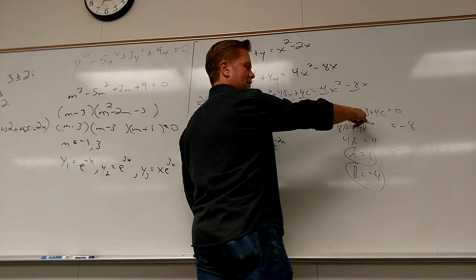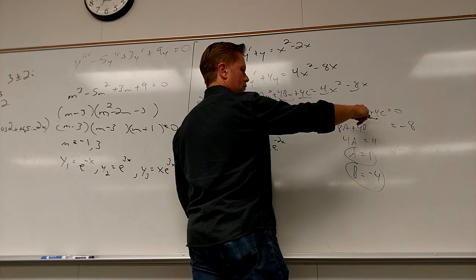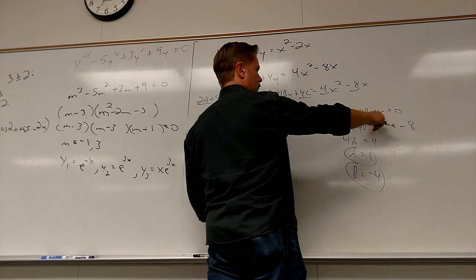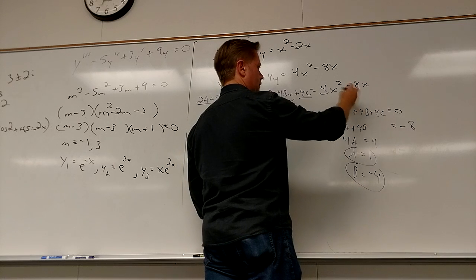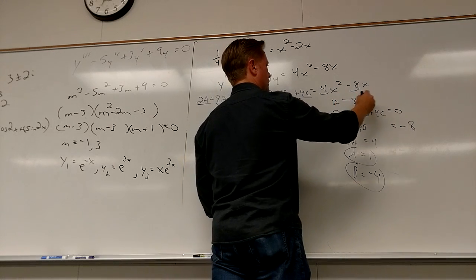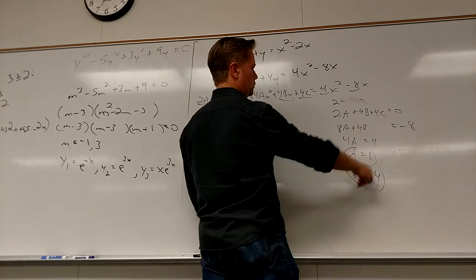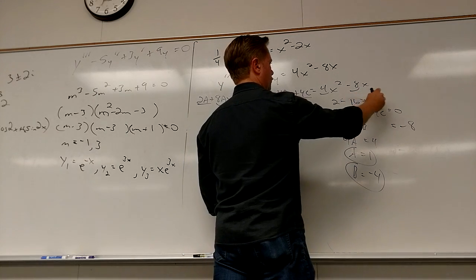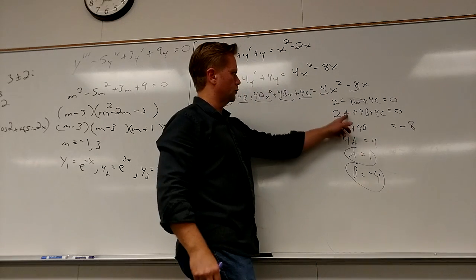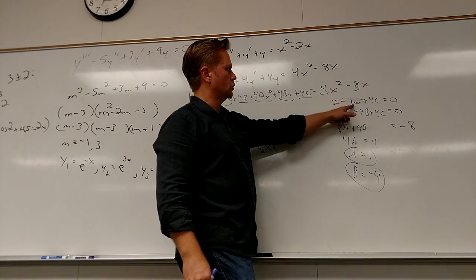Fall back. 2 minus 16 plus 4c equals 0. Put a 1 in, put a negative 4 in, and multiply correctly.